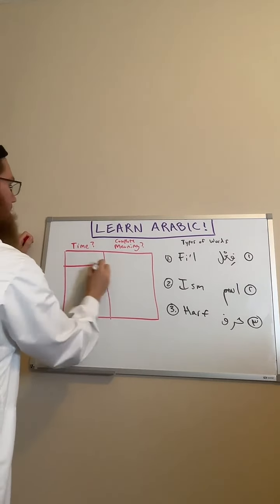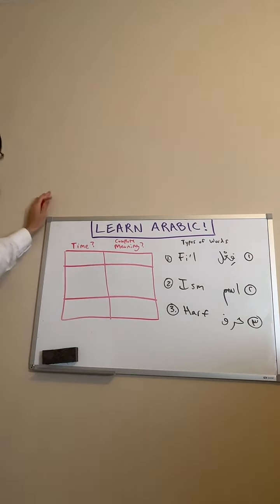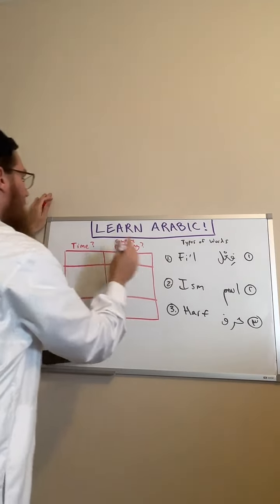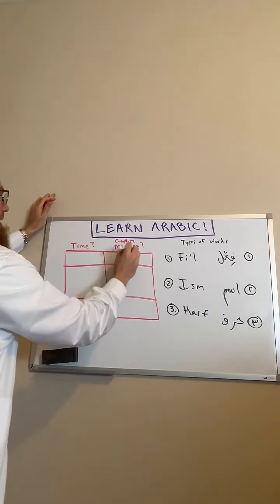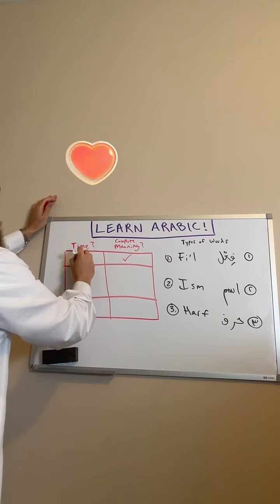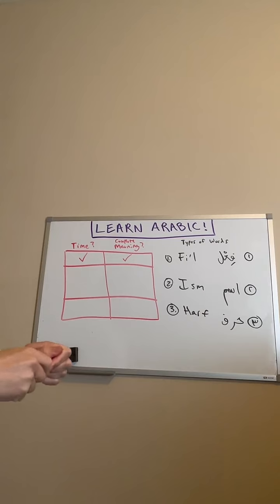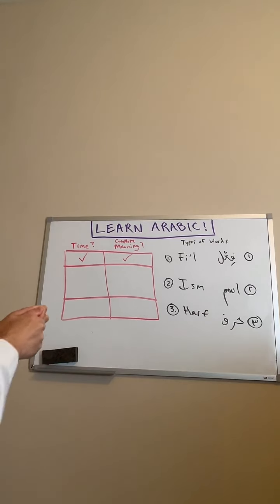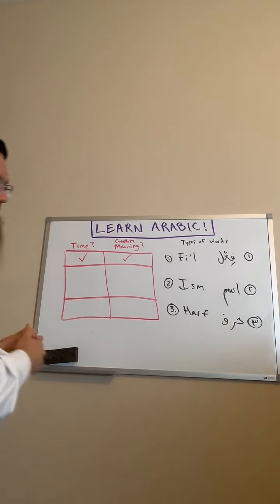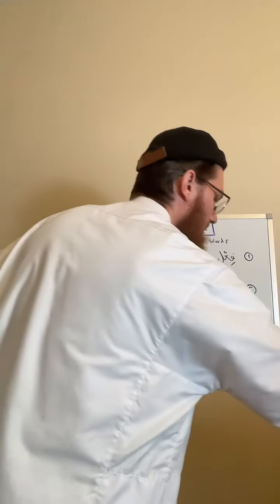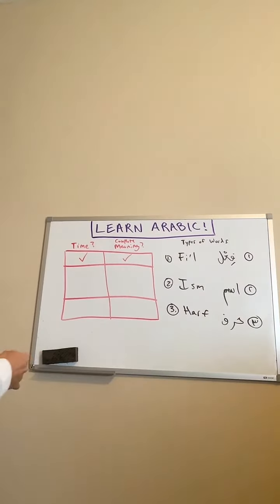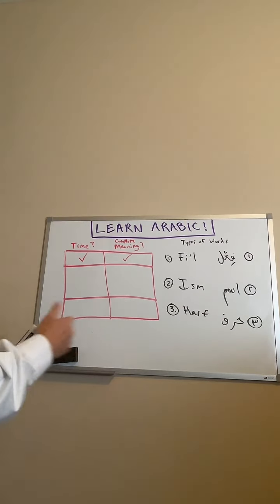Now the fi'l has both a complete meaning and a relation to time. For example, verbs in English have a complete meaning and a relation to time.